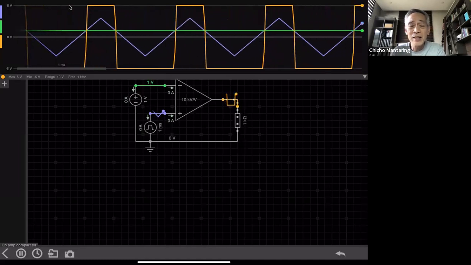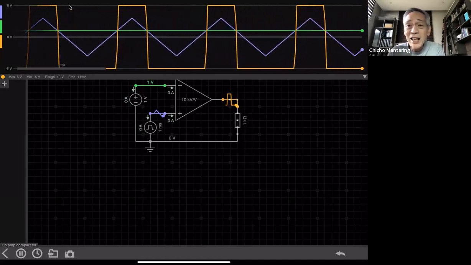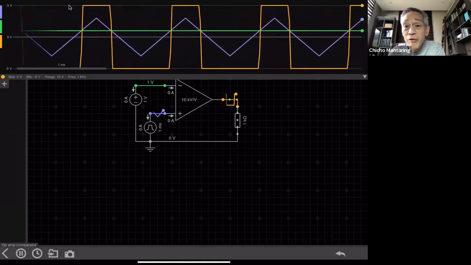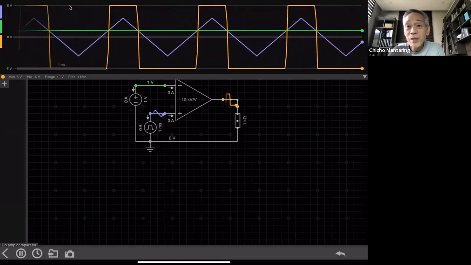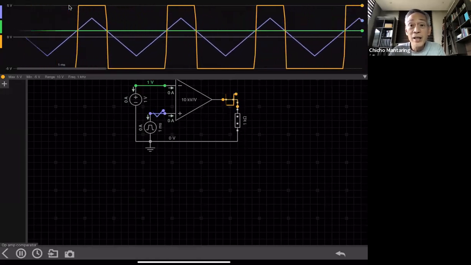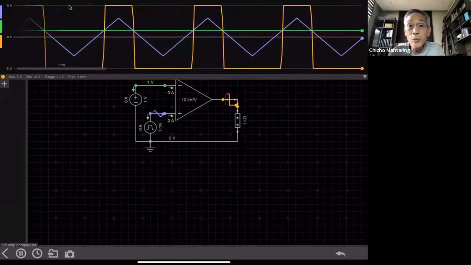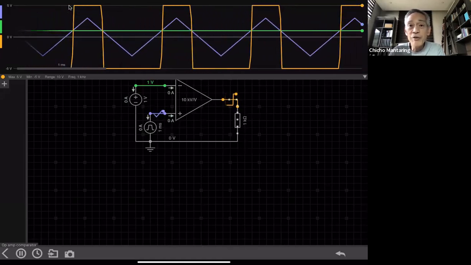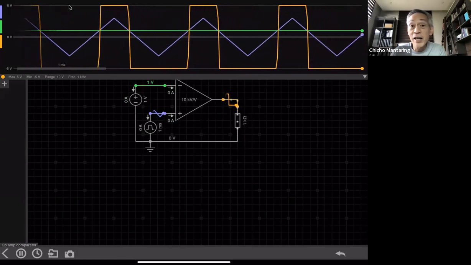In fact, if my gain is 10,000, what will it take for my output to reach 10 volts? A 0.00001 input will cause my output to already reach 10. That's how sensitive your operational amplifier is.